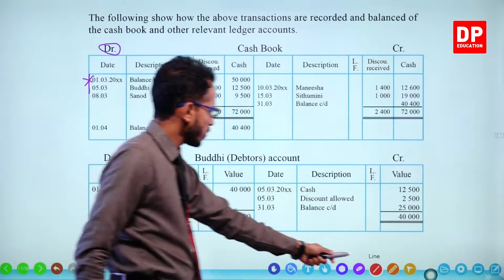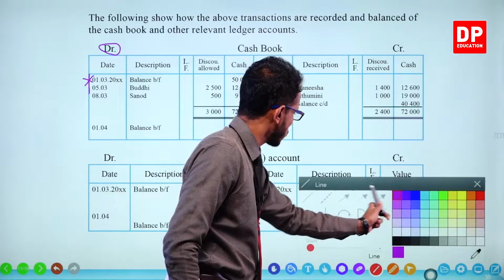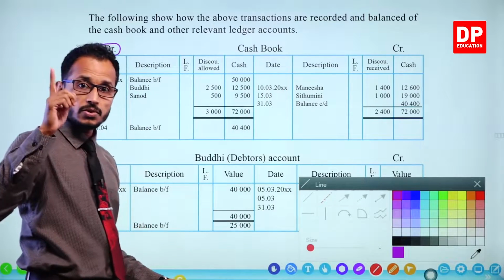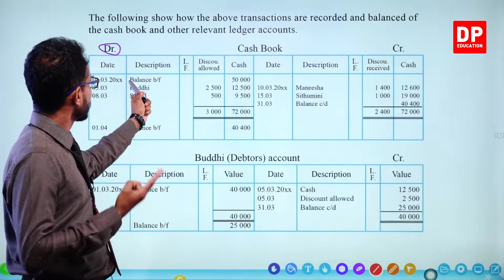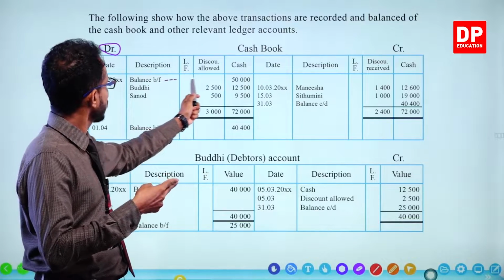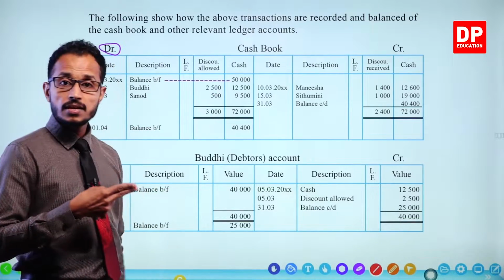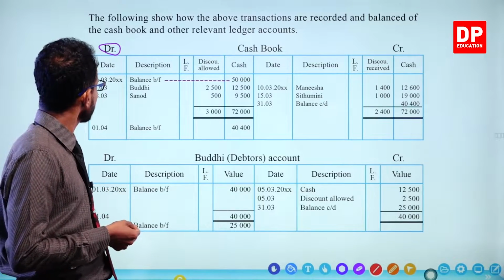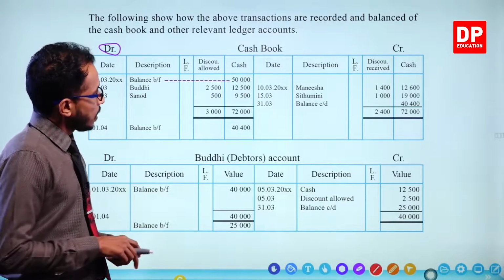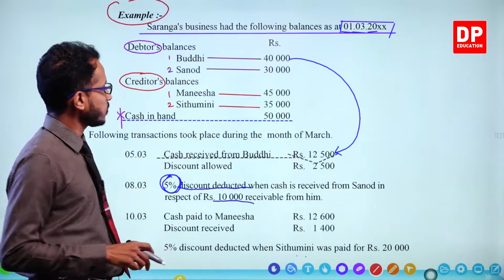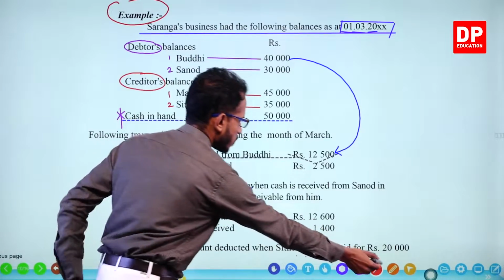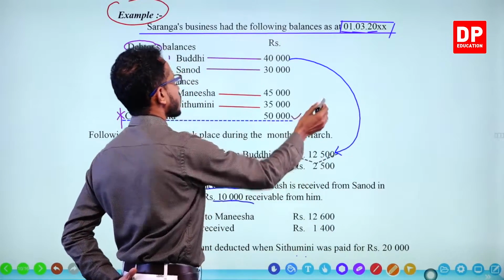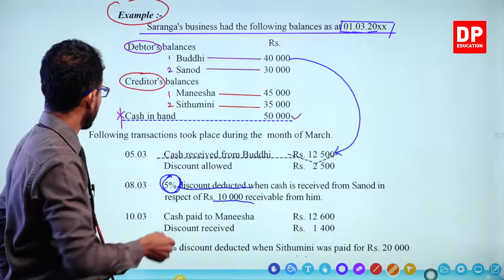This should be recorded first. Balance brought forward, 50,000. Now it is recorded, right? Now we can go to the first transaction. This is done. First transaction.